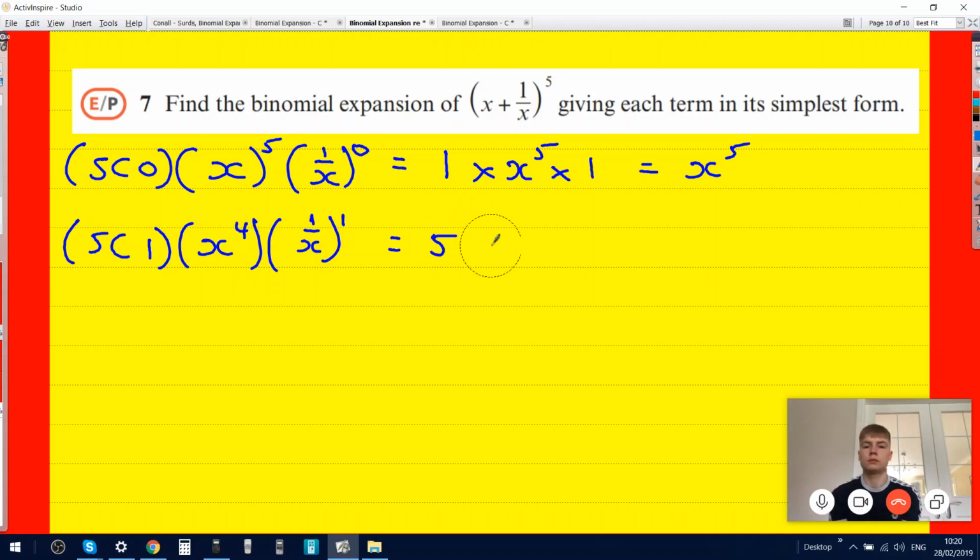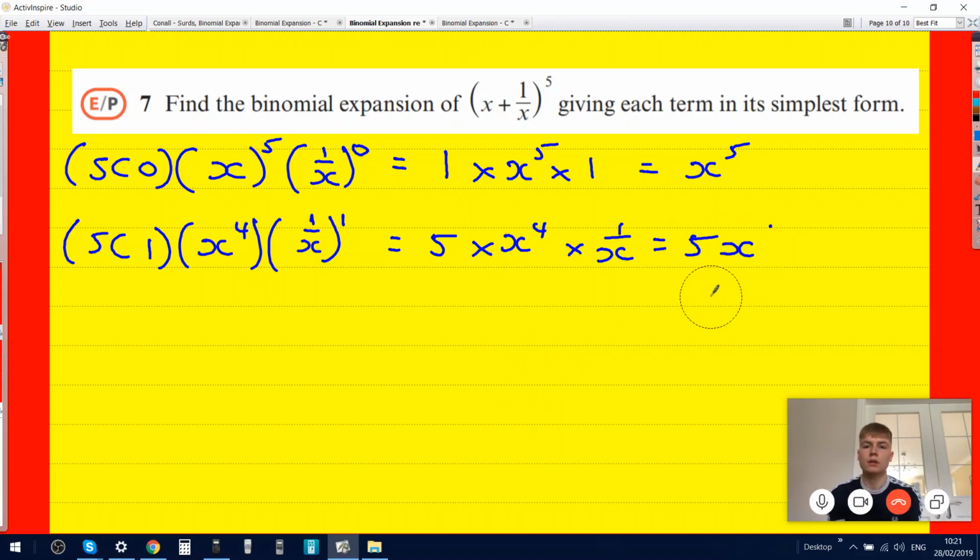Okay, so 5C1 is 5, times x to the 4, times 1 over x to the power of 1, just 1 over x. Simplify that. 5x to the 4.